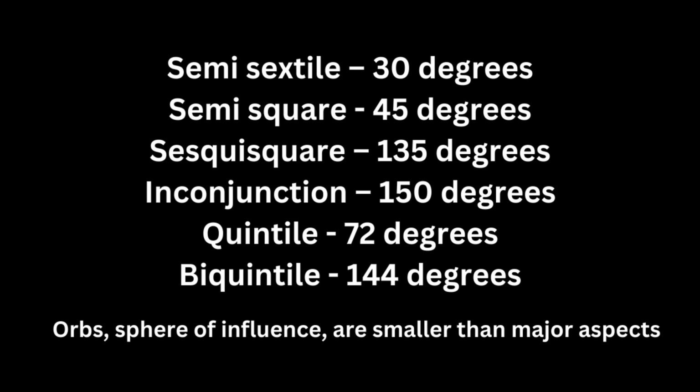Still, when it comes to the minor aspects, many astrologers will use the semi-sextile, which is 30 degrees, the semi-square, which is 45 degrees, the sesqui-square, which is 135 degrees, and the inconjunction, which is 150 degrees. I also think the quintile 72 degrees and the biquintile 144 degrees can be quite useful. As for the others though, I have not looked into these, but do feel free to do your own research.